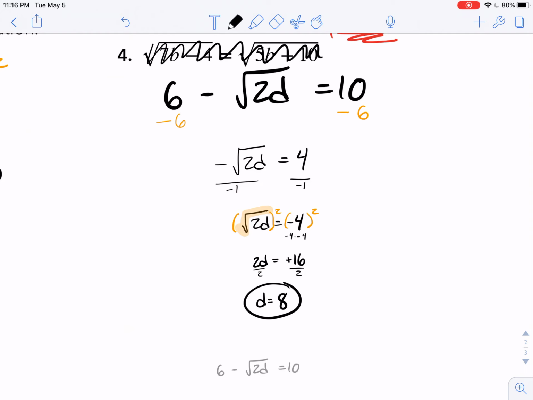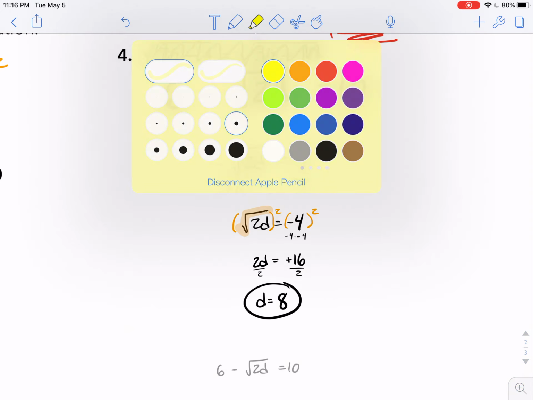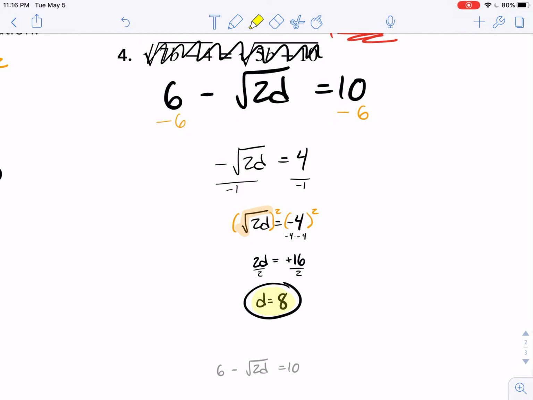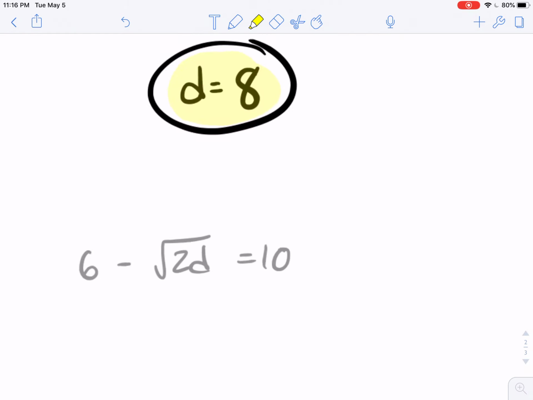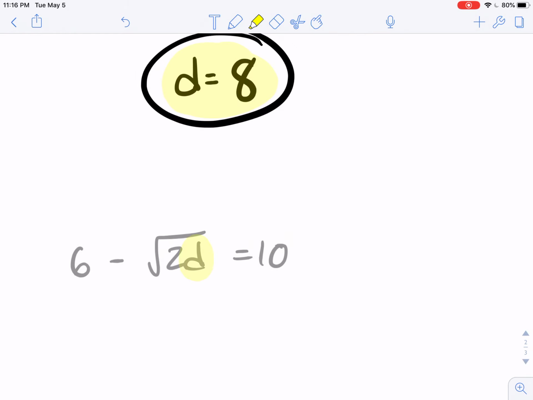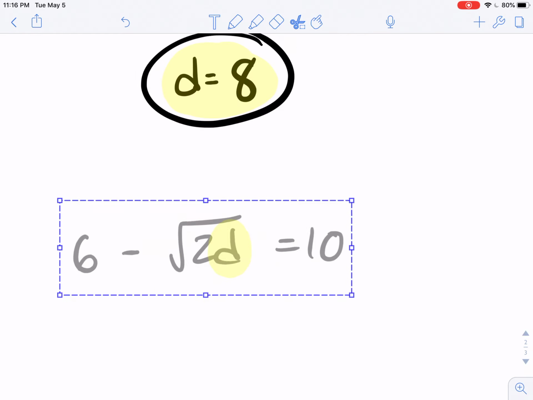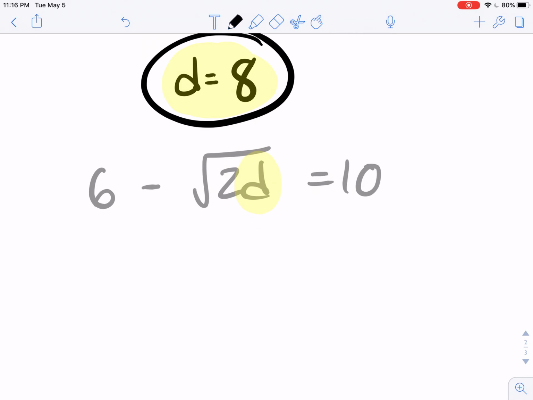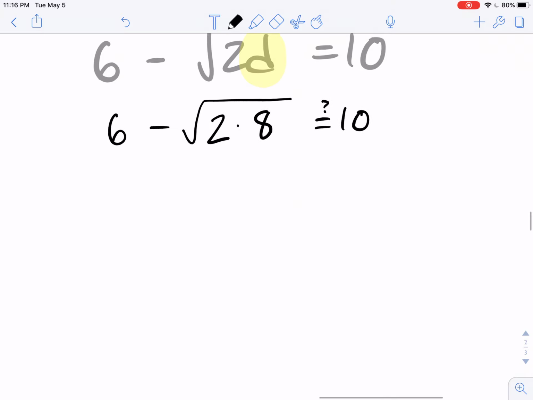We're almost there. Let's check our work. So we'll plug it back into our original equation. If we claim that d equals 8, we're going to put 8 in right there. Okay, so that gives us 6 minus the square root of 2 times 8 equals 10. Maybe? I don't know. Let's find out.